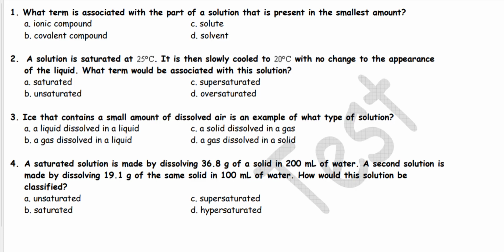But then if I were to cool that water back down to a temperature cooler than what it was, at this point it's called supersaturated because it's saturated more than it should really be able to hold at that temperature. So that's why it's called supersaturated. Okay. Yeah, that's it.